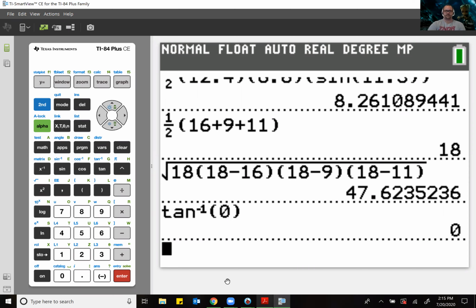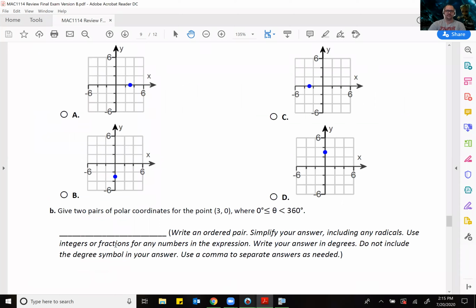So our answer is, well, give two pairs of coordinates for the point. So one of them is 3, 0. That's one of the polar coordinates we can use.